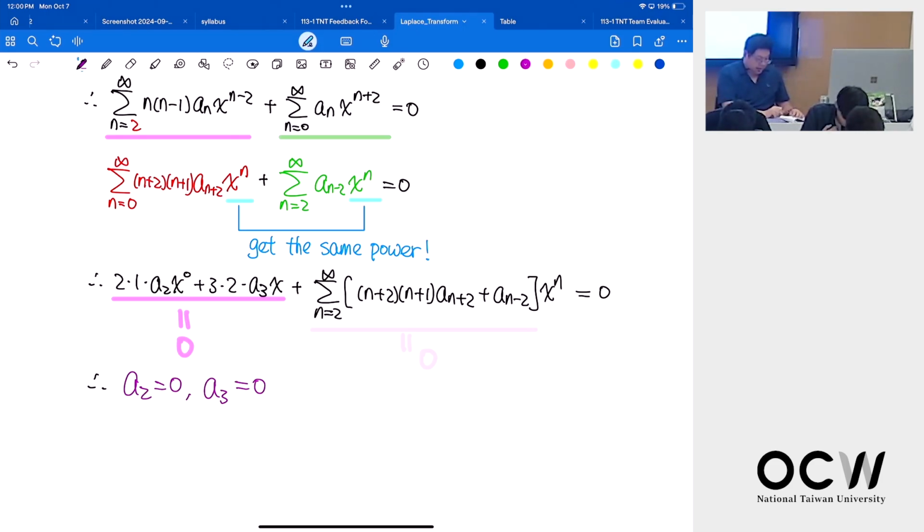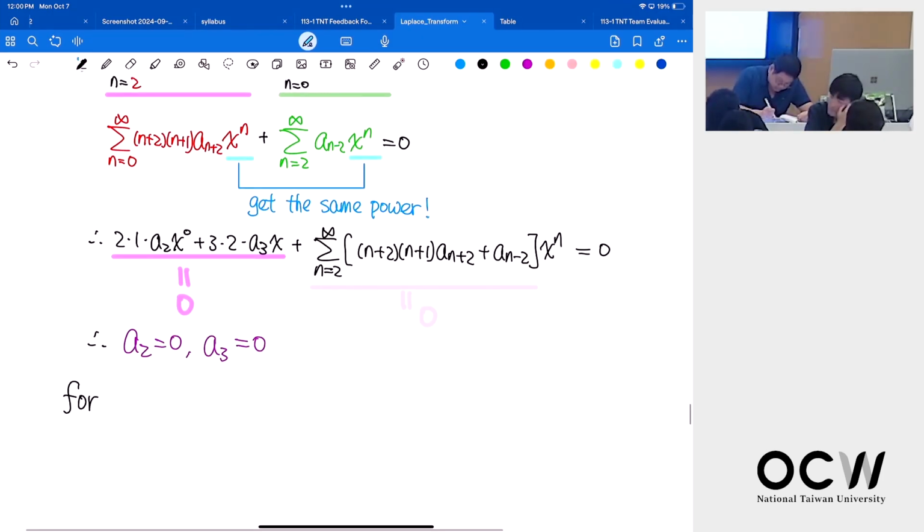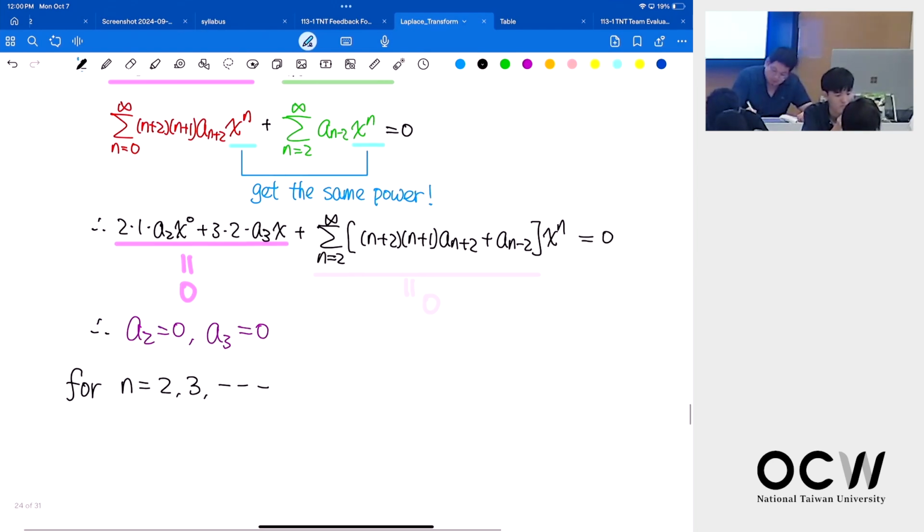Now when n is 2, 3, 4, 5, this term, we have m plus 2 times m plus 1 a_(m+2) plus a_(m-2). This coefficient should be 0.